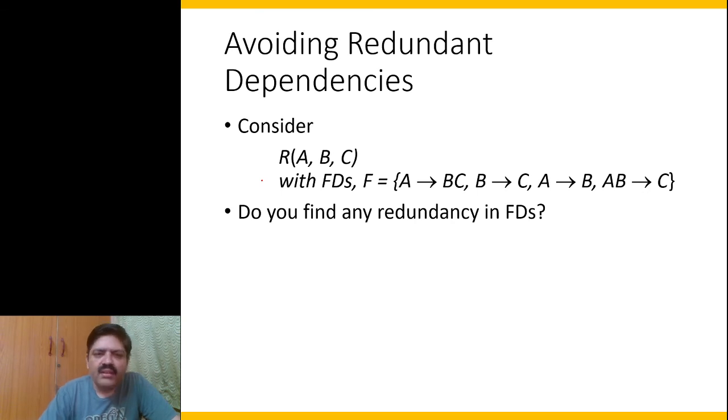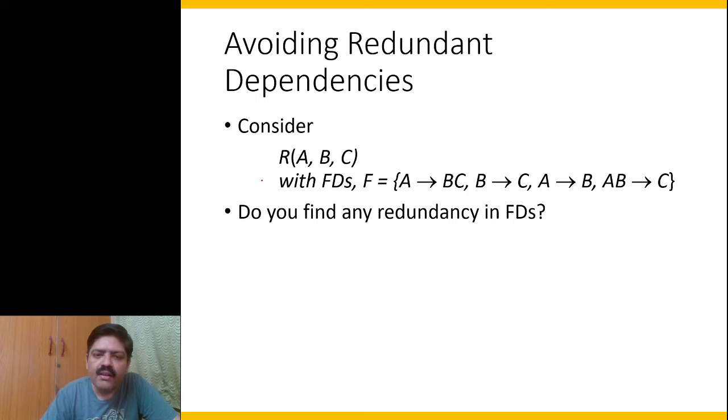One other concept that is quite important is avoiding redundant dependencies. So consider a relation R with attributes A, B, and C with functional dependencies F given as follows. A determines BC, B determines C, A determines B, and AB determines C. Do you find any redundancy in these FDs? Well, yes, FDs can also be redundant.